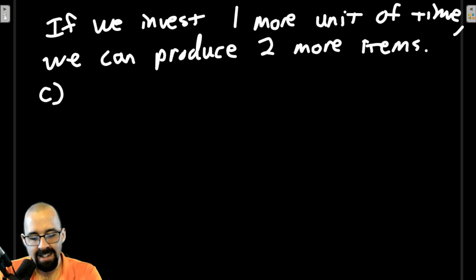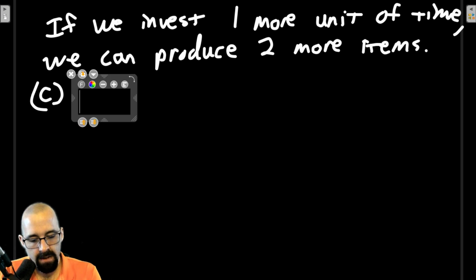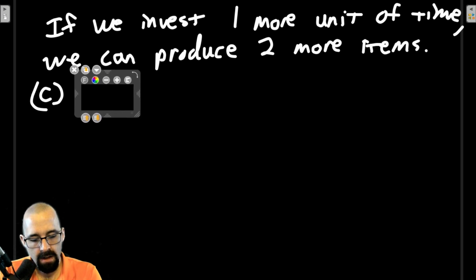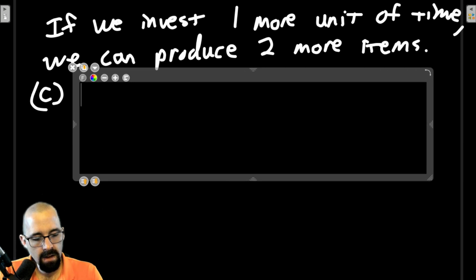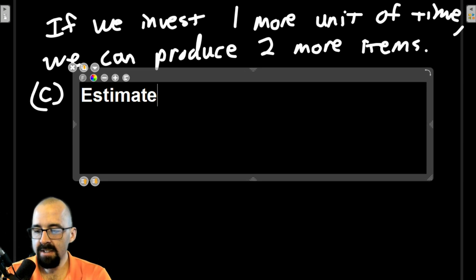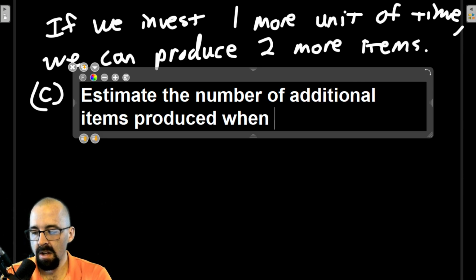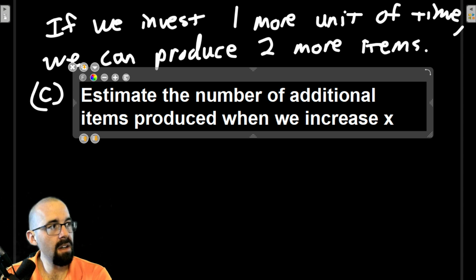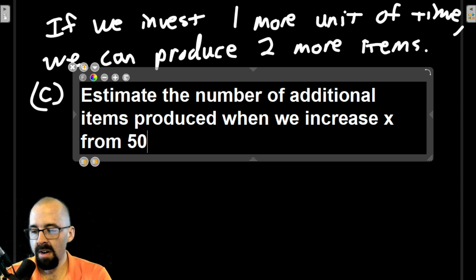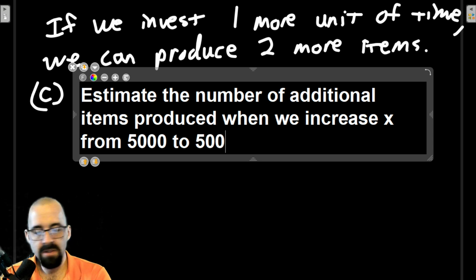Part C. Estimate. Yeah, we're typing this one out too. Part C is going to be: estimate the number of additional items produced when we increase x from 5,000 to 5,003.